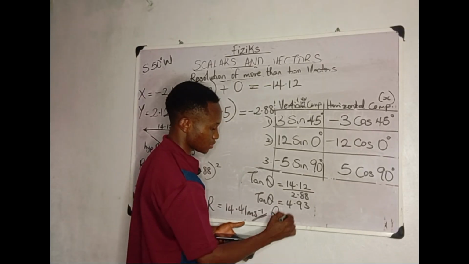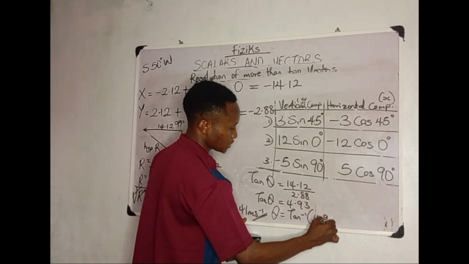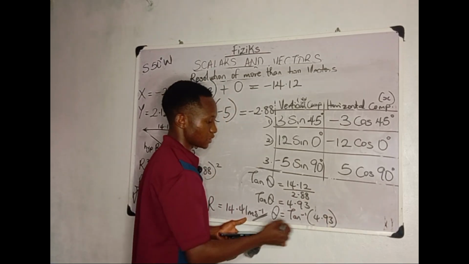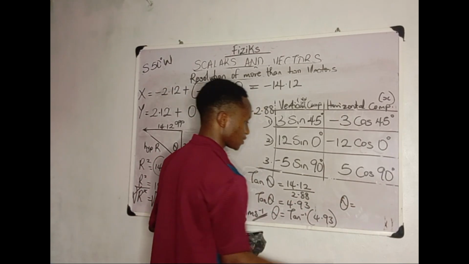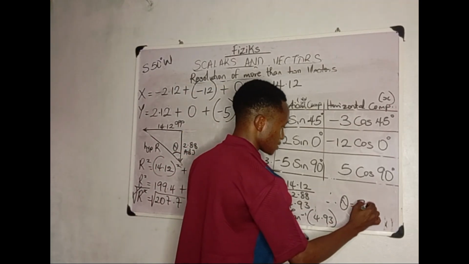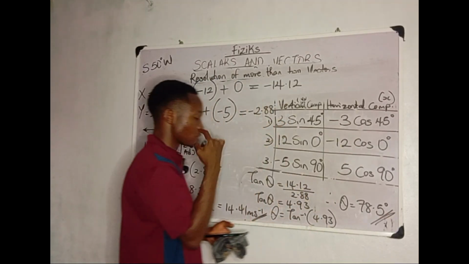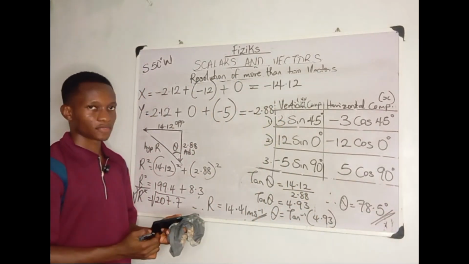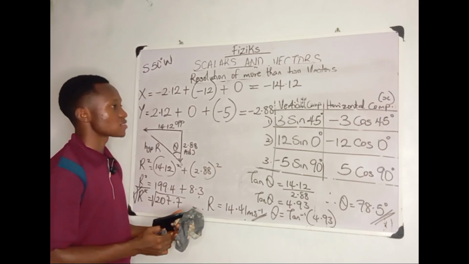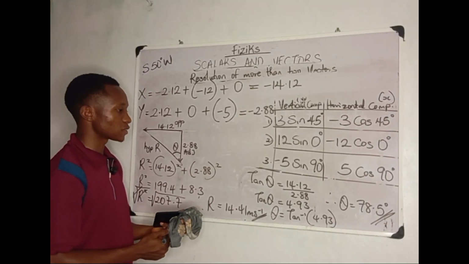We say theta is equal to tan inverse of 4.93, and theta therefore finally going to be 78.5 degrees. That becomes the direction for this resolution of more than two vectors.